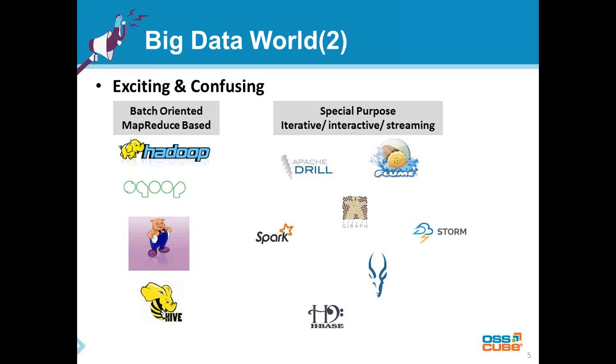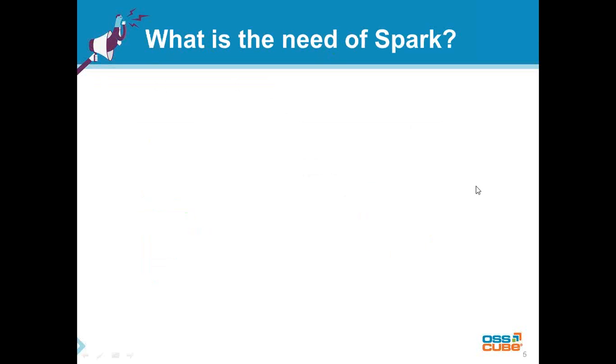To understand this, we have to get a little deeper into Hadoop's world and its evolution, and what it can offer and what it cannot offer. Based on that, we'll have a natural progression into the Spark discussion. So let us see what the need for Spark is.